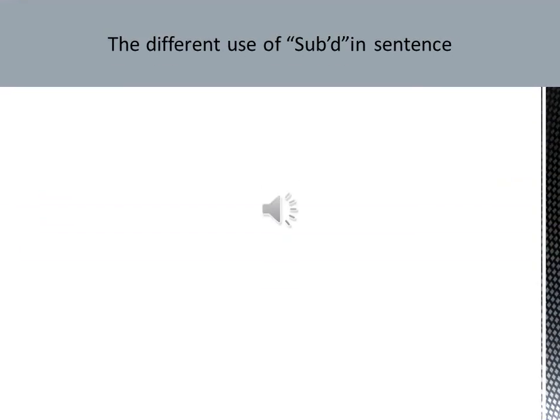Students, let's learn another rule of question tag. If better is used after apostrophe d, then we should understand apostrophe d means had.